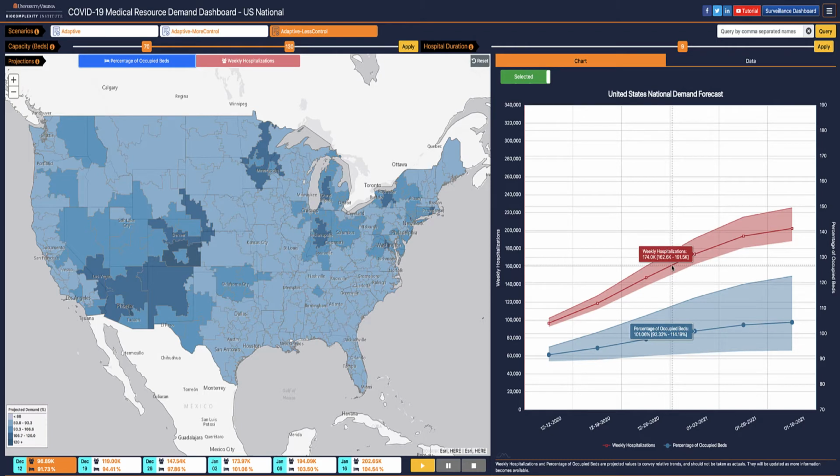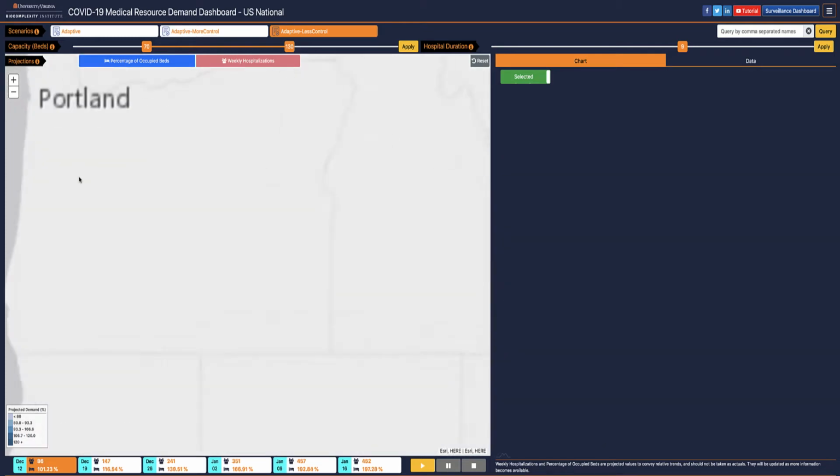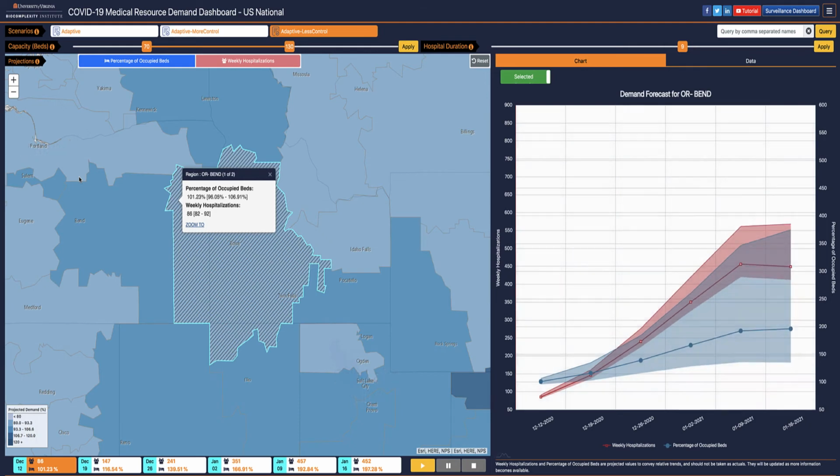So while these two plots may rise and fall together, there may be cases where the weekly hospitalizations peak ahead of the percentage of occupied beds.